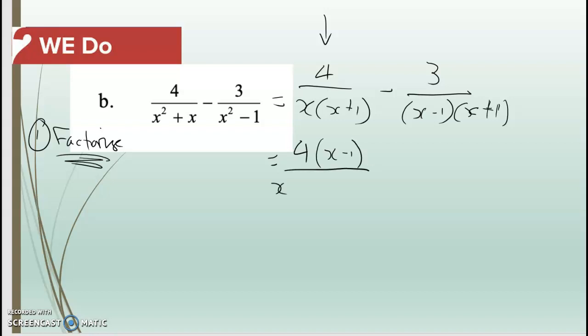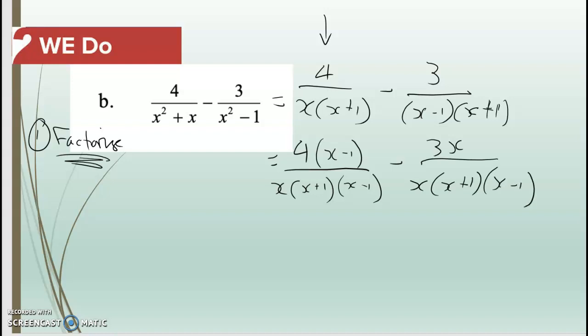And so we've got x(x plus 1)(x minus 1). Now the second one is missing a factor of x, so it's going to be 3 times x all over x(x plus 1)(x minus 1).